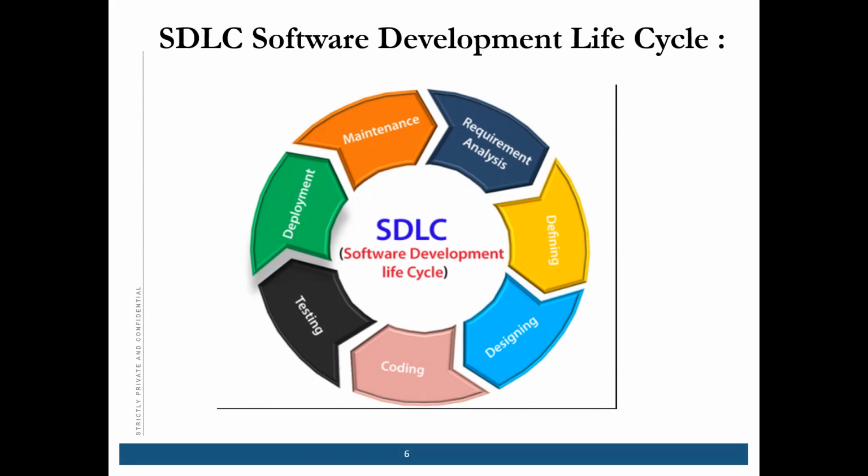Next phase is what? Analysis phase, or you can say defining or analyzing phase. Once the requirement gathering and analysis is done, the next step is to design and document the product requirements and get them approved by the customer. This is done through the SRS, system requirement specification or software requirement specification, anything you can call it.